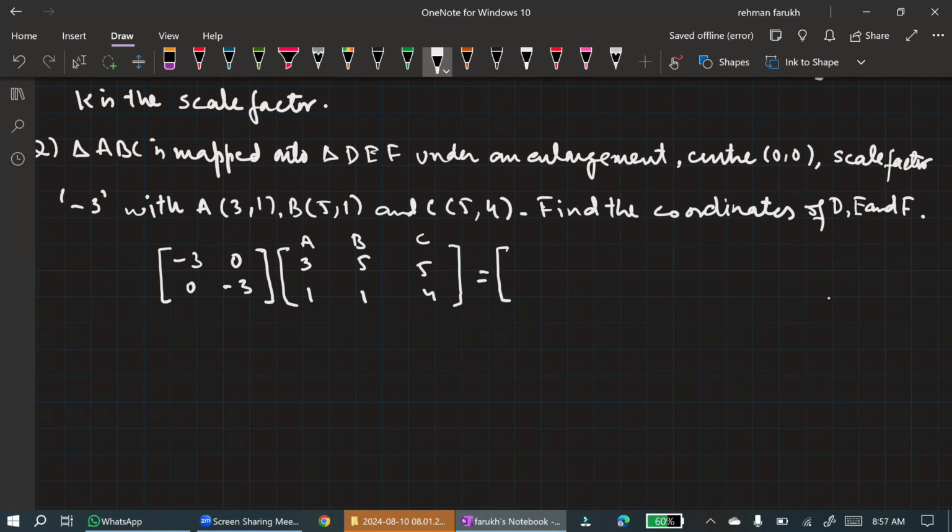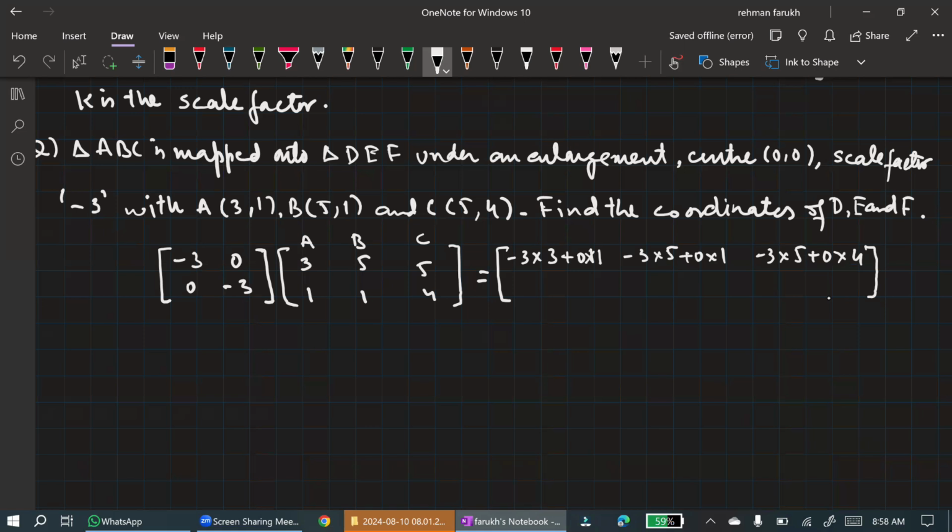Now we will multiply these two matrices. That is minus 3 into 3 plus 0 into 1, minus 3 into 5 plus 0 into 1, minus 3 into 5 plus 0 into 4.